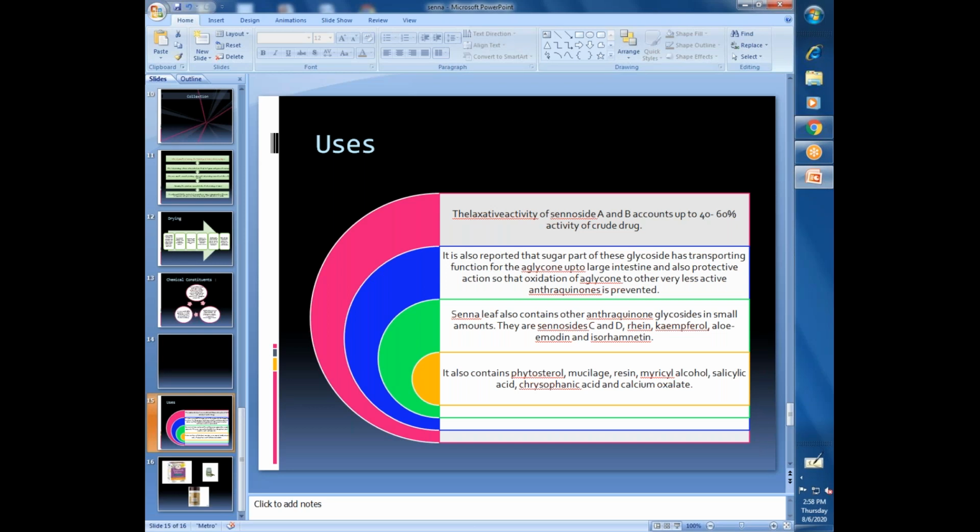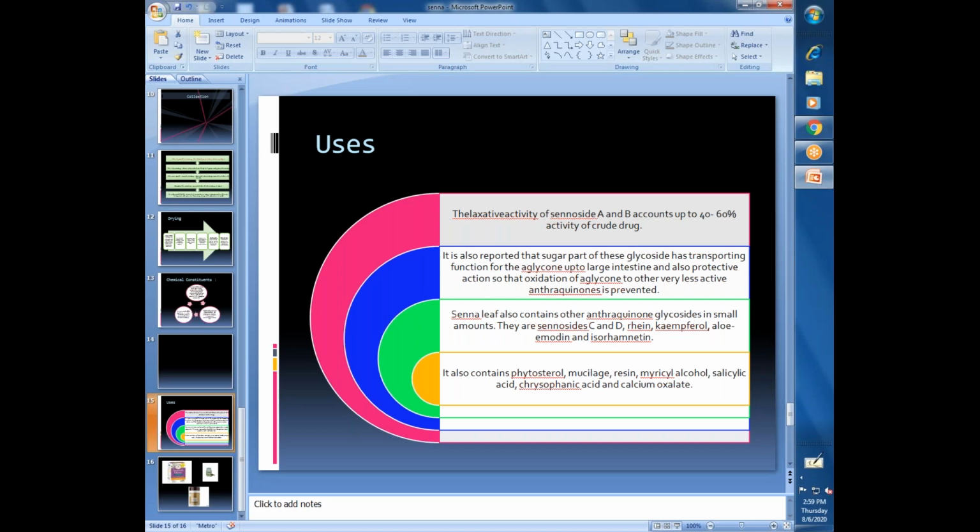Also, it protects the aglycone from oxidation to lesser active moieties. It is reported that the sugar part of these glycosides transports the aglycone up to the large intestine, and also has a protective action, so that oxidation of the aglycone to other, much less active anthraquinones is prevented.